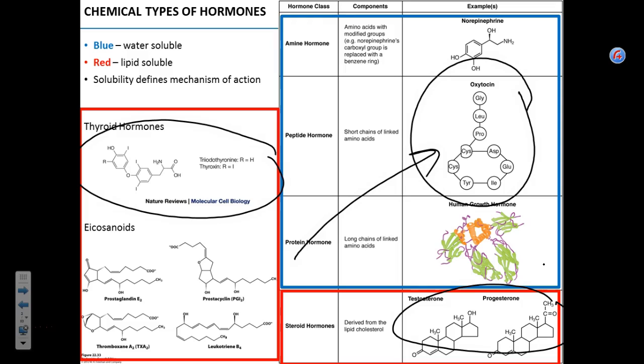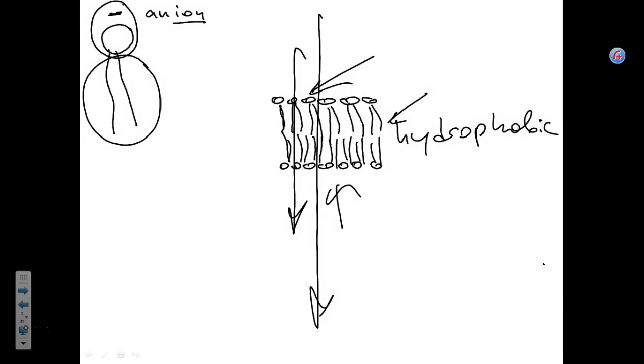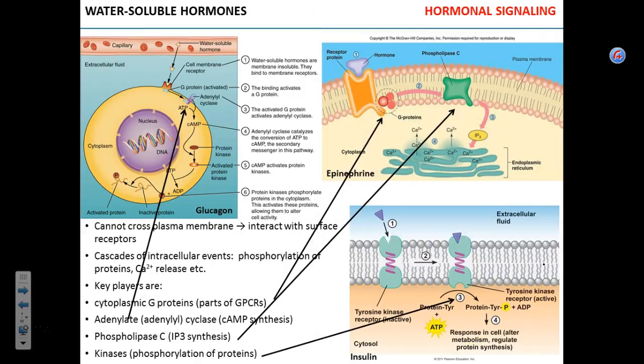Are we clear about it? Only hydrophobic hormones can cross the membrane, right? Now, hormones signal, right? So these guys, the hydrophobic ones, they can enter the cell and signal there, no problem, and we'll get to that, but water-soluble cannot get into the cell.